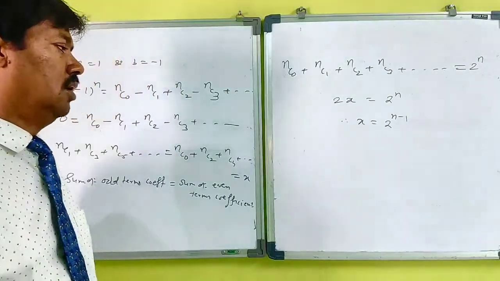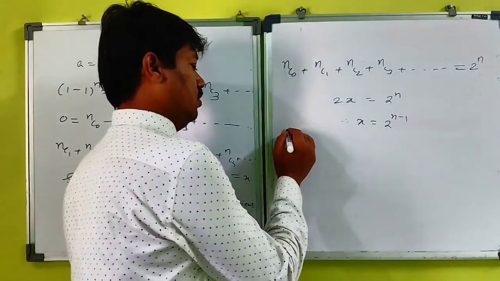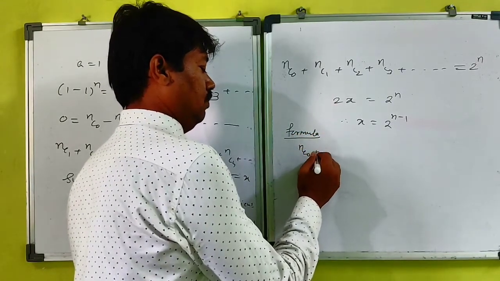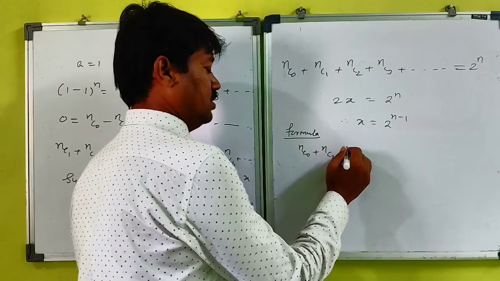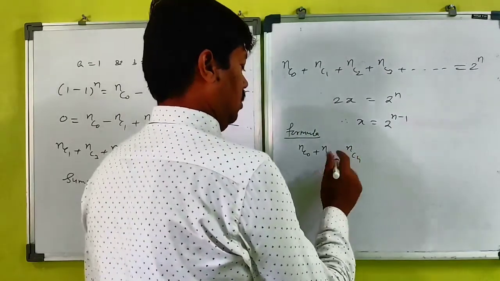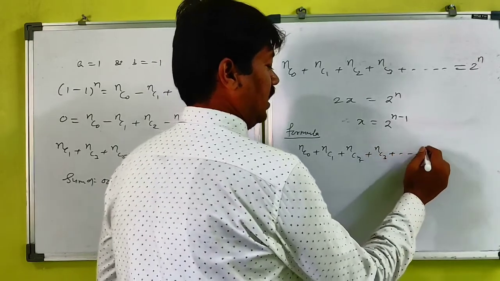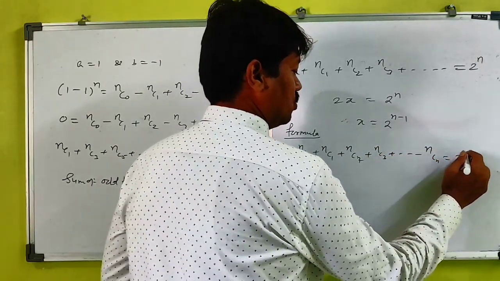So we get a formula here. What is the formula? nC0 + nC1 + nC2 + nC3 and so on up to nCn is 2 raised to n.